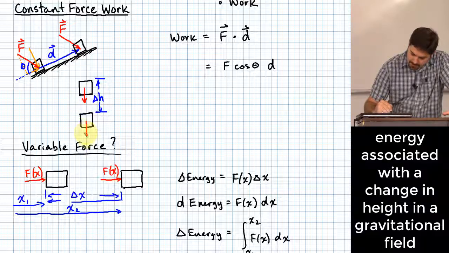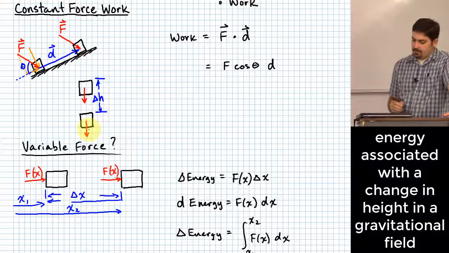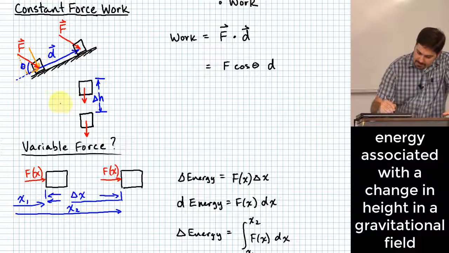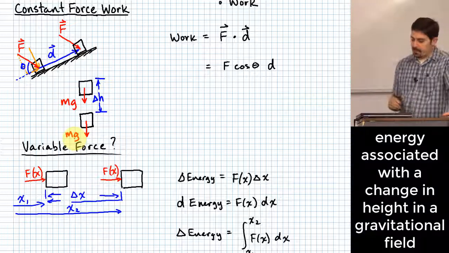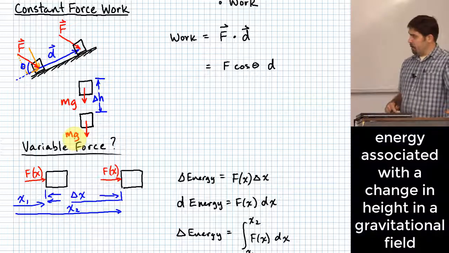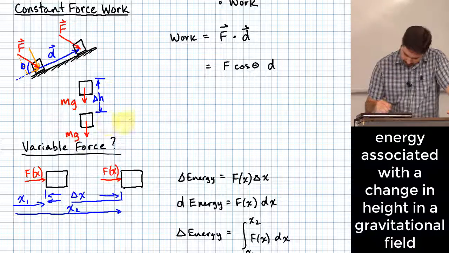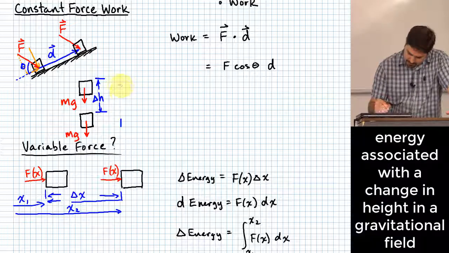It's going to be the weight, right? And so this weight you can express as the mass of the body times the acceleration of gravity. In both cases, what's the energy difference from state 1 to state 2?